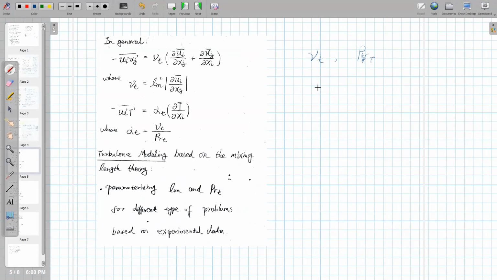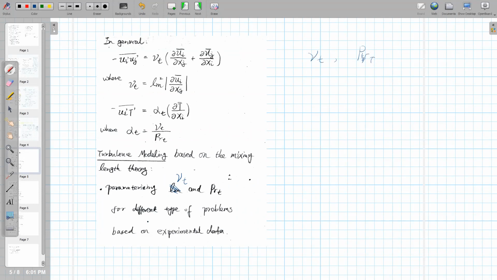All right, so turbulence modeling based on the mixing length theory basically becomes parameterizing. Parameterizing means that we need to find the value of nu t and the Prandtl number for different types of problems based on experimental data.